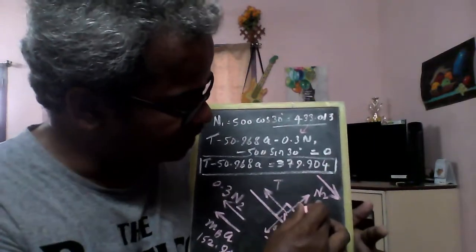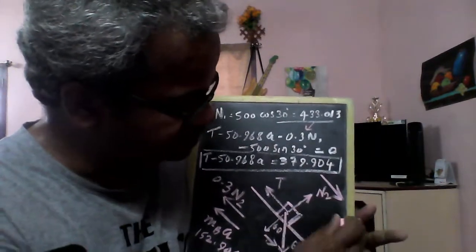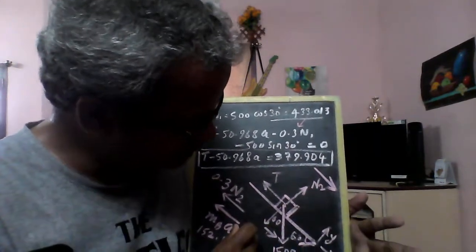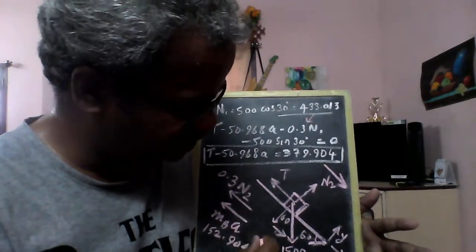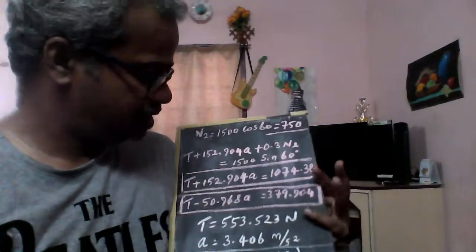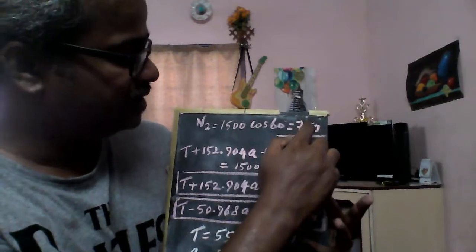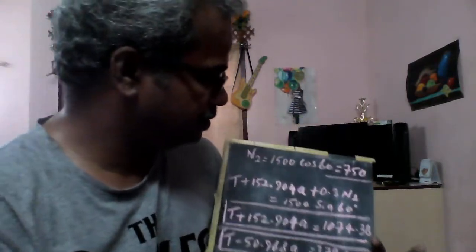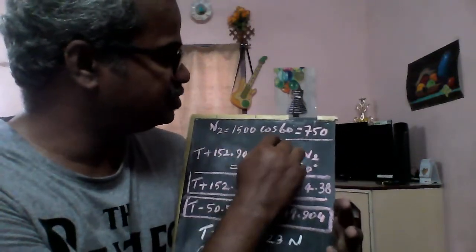In this block, I can take the vertical equation and equate it to 0: N2 minus 1500 cos 60 is equal to 0. So N2 is 1500 cos 60, and since cos 60 is 0.5, it will be 750.